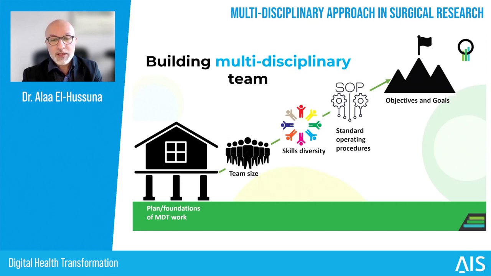And then we need some standard operating procedures so that everybody knows what they are doing and where they are heading to. If we have all these things in place, then we have a good multidisciplinary team with a high chance that they will get through the process and end in innovative, need-driven solutions.